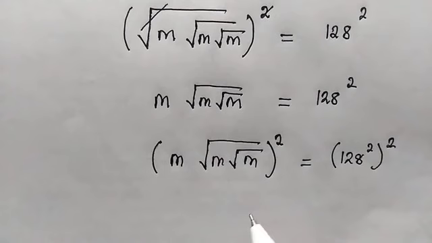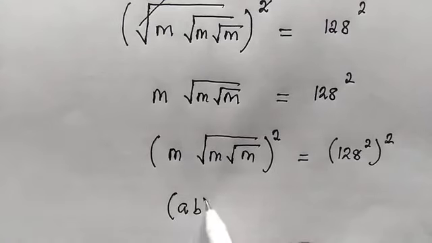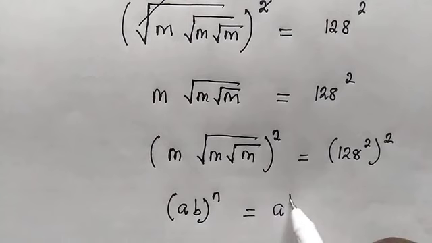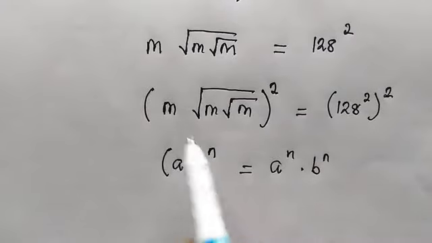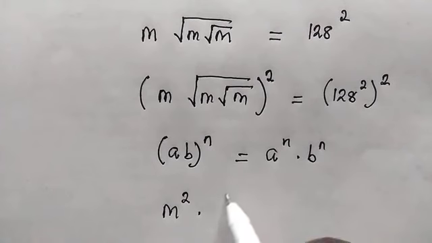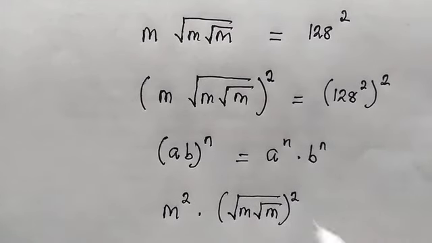Now, here comes the magic. Let's take note of the following. When we have a multiplied by b whole raised to the power of n, this is the same as a raised to the power of n multiplied by b raised to the power of n. So at the left hand side here, we're going to have m squared multiplied by the square root of m times the square root of m whole squared.